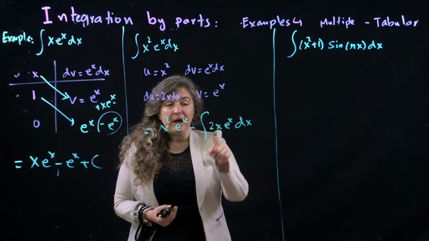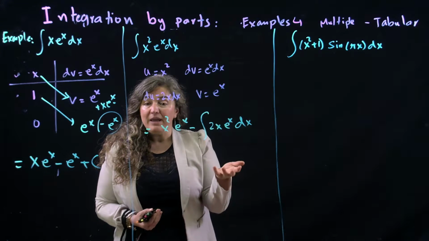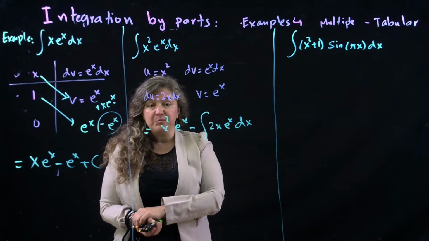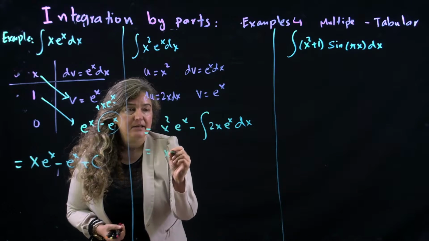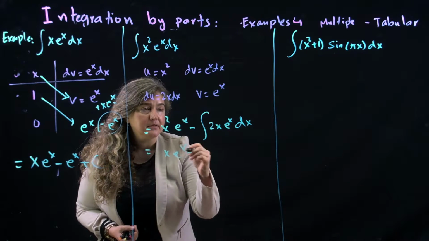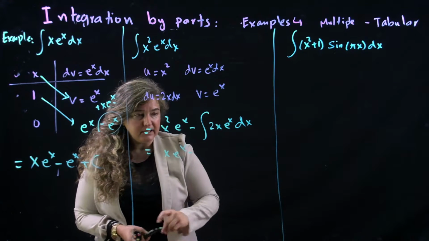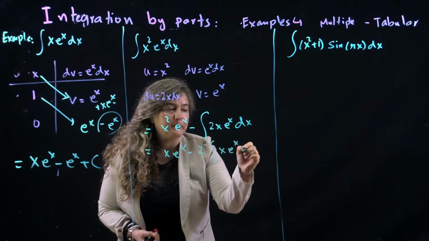Oh, do I know how to take the antiderivative of this one? Well, in a way I do. I know this is going to be an integration by parts again. So if I write it clean, x squared e to the x minus, oh, we don't even need to write it clean, but you can take the 2 out if you want.